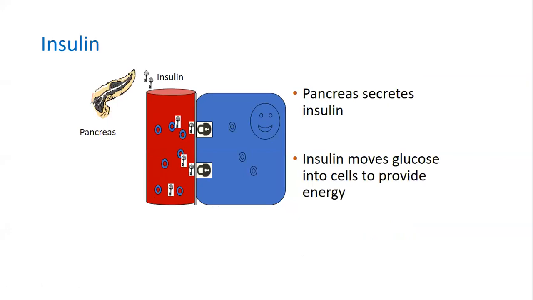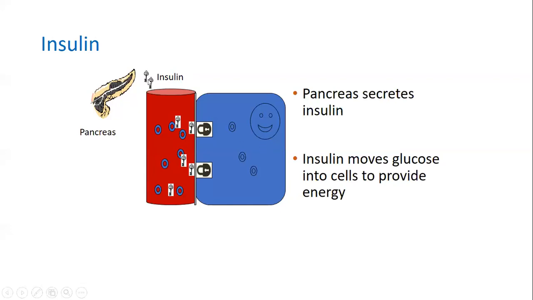Insulin is usually produced by the pancreatic beta cells. Once it is produced, when you look at this diagram, insulin will act as the key that opens the lock that unlocks the pathway to get glucose into the cell.